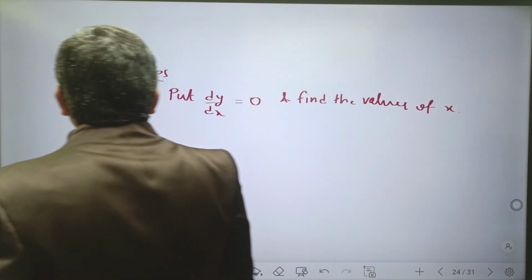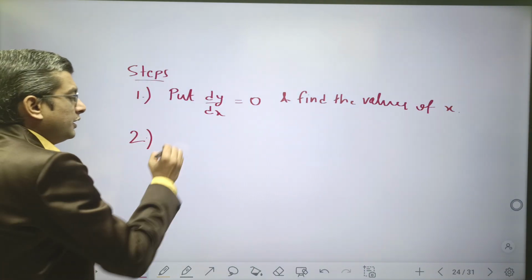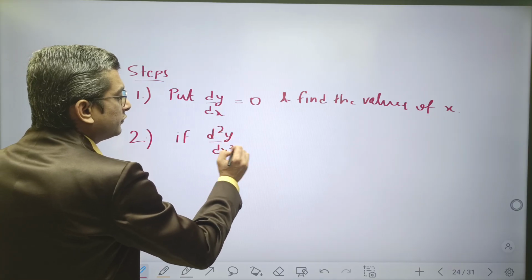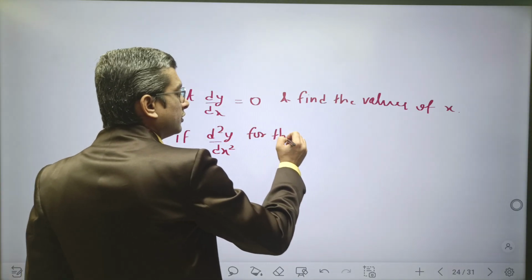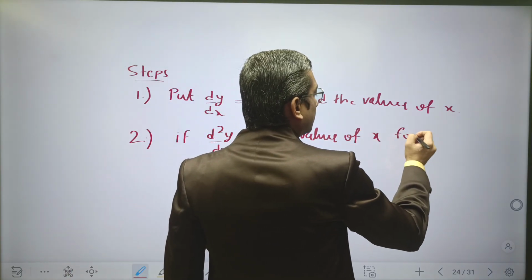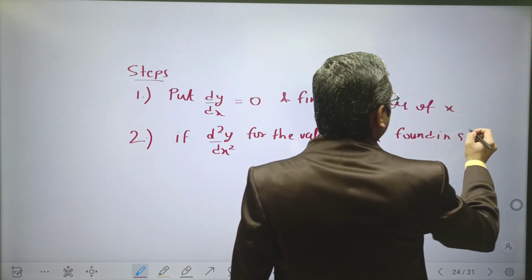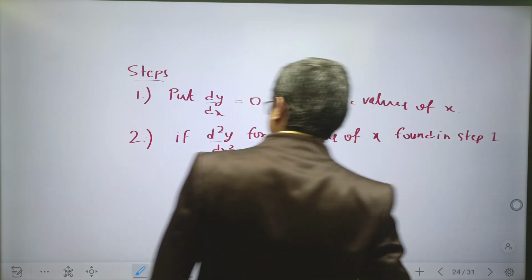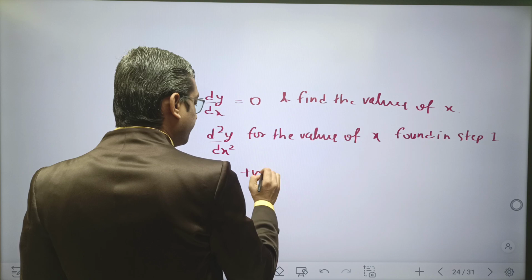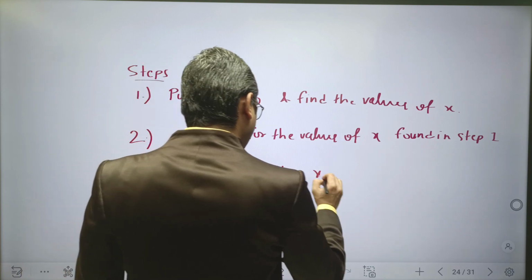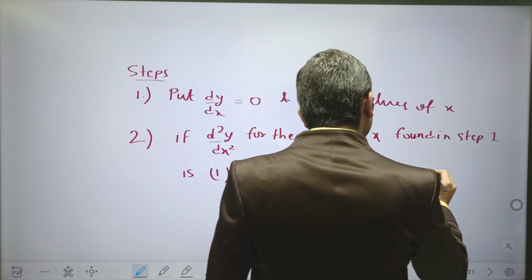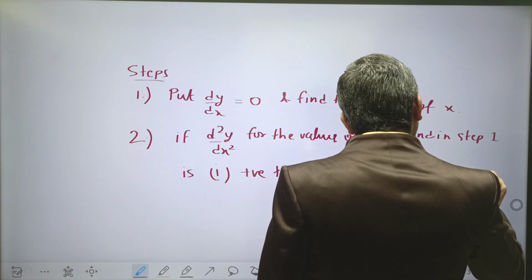Now the second step: if d square y by dx square for the values of x found in step 1 is positive, then x corresponds to a minimum, that is the minimum value of the function.